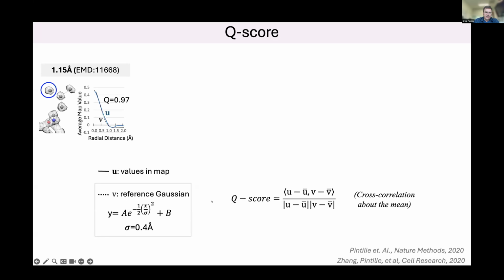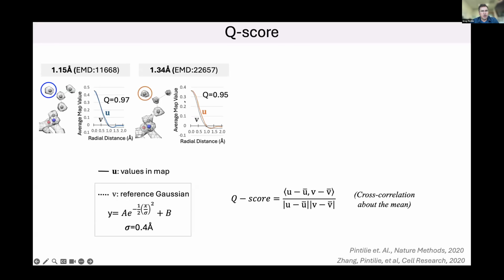But really, the only parameter that goes into this Q-score is this sigma. The sigma was determined based on the highest resolution maps. Initially the sigma was 0.6, when the highest resolution map was 1.5 angstrom, and then when 1 angstrom maps came out, we changed this to 0.4, because that's roughly the width that we saw in these maps.